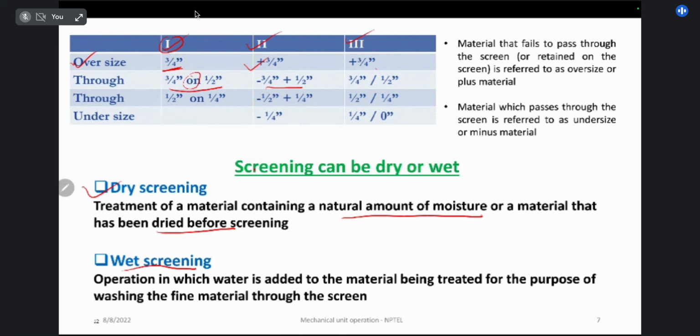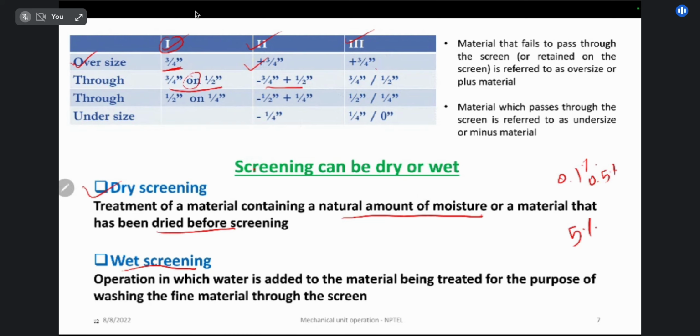If it has a natural moisture of about 0.1% or 0.5%, we can use it directly. Otherwise, if it has a moisture content of say 5%, we need to dry it and then use it.